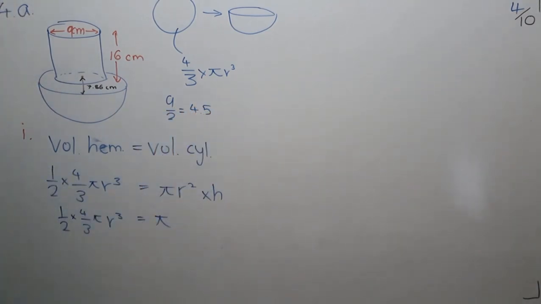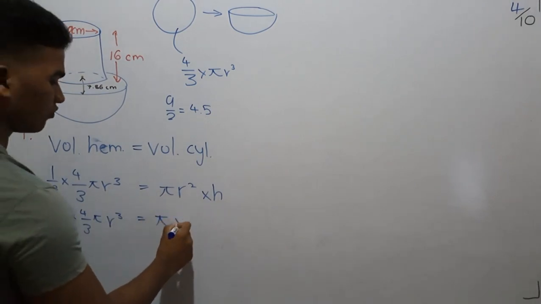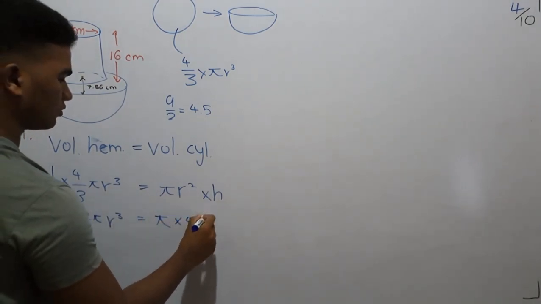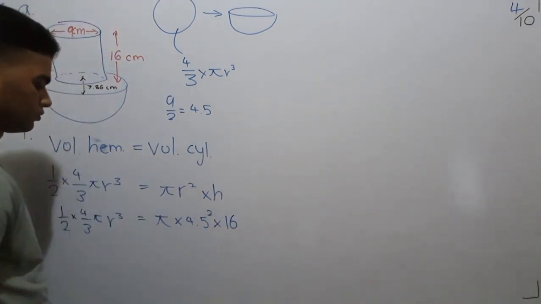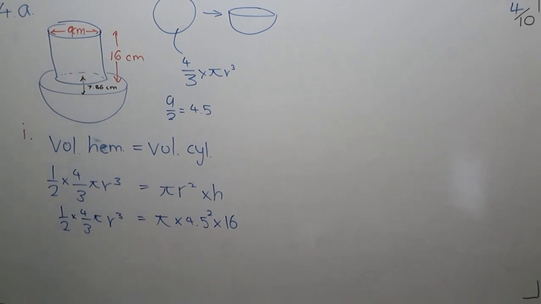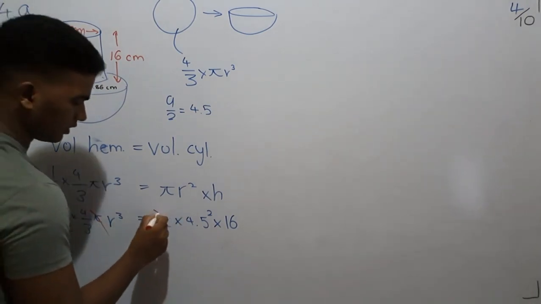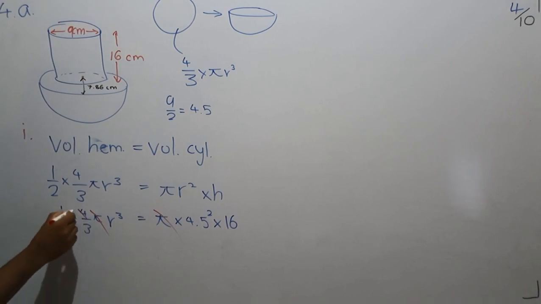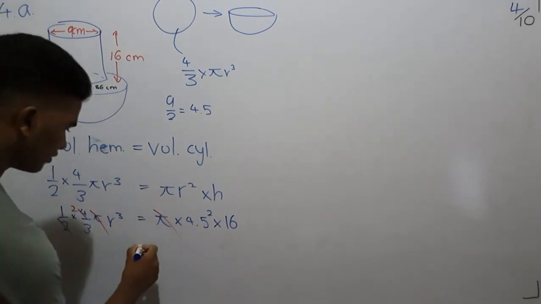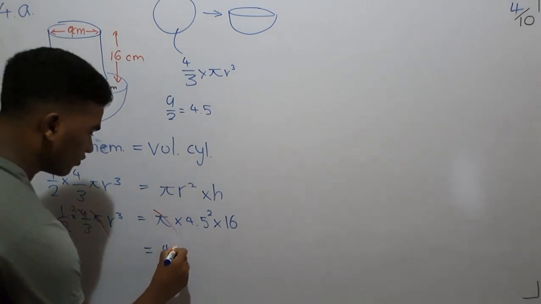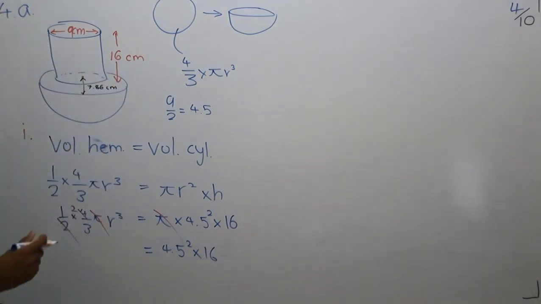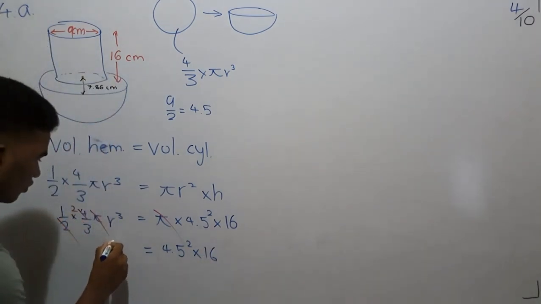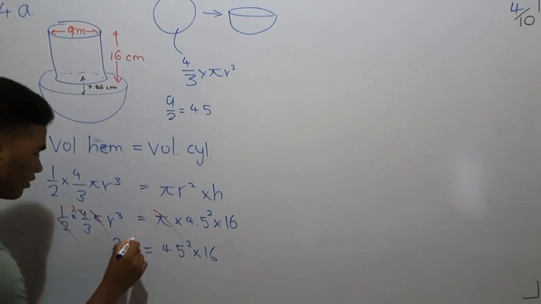So radius is 4.5 square into h is 16. The terms getting cut are pi and pi, which will get cancelled off. 2 and 4. So the remaining is 4.5 square into 16 equals 2/3 r cubed.